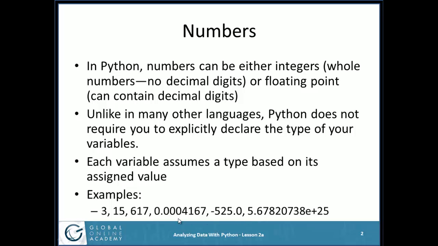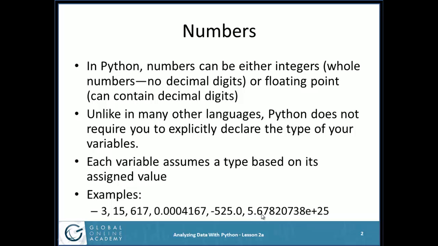Here's some examples of numbers in Python and ways you might specify them. -3 or 15 or 617, or something with a decimal point, 0.004167, or a negative number with a decimal point. Or we can even use scientific notation.